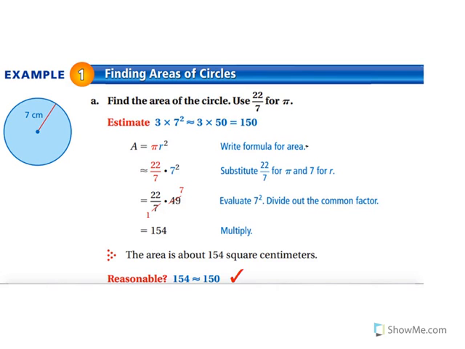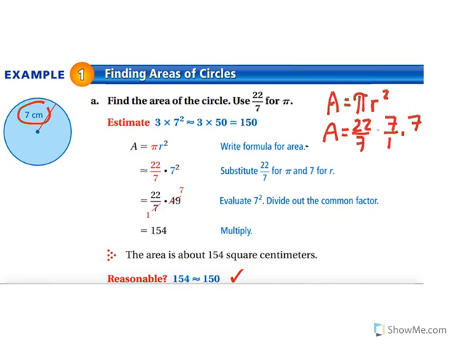It says find the area of a circle, and as you can see, we have a radius of 7, which is a multiple of 7. So we're going to use 22 sevenths. So we're going to do area equals pi r squared, and we have area equals 22 sevenths times the radius, which is 7, times itself.